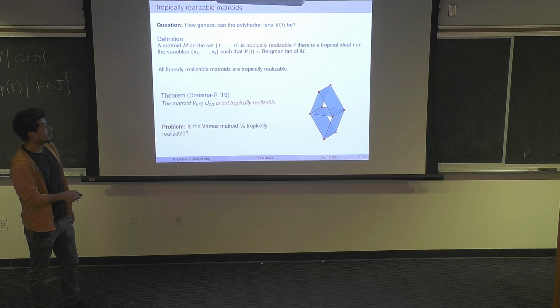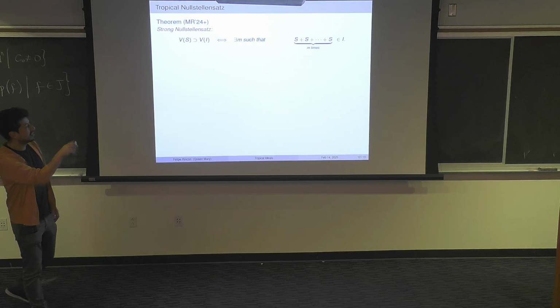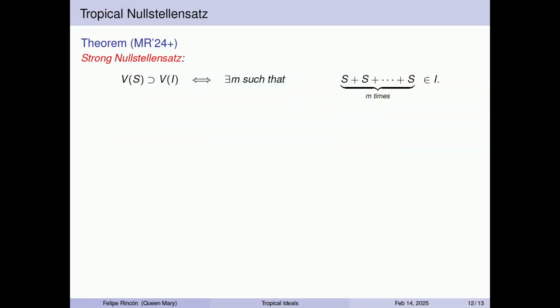Maybe just because of time reasons, there's also some more recent work that we've done regarding the Nullstellensatz. Maybe I won't go so much into detail about this, but the classical Nullstellensatz for an ideal tells you that if the variety of your ideal is contained in some hypersurface, in the variety of a single polynomial, then some power of that polynomial lies in the ideal, right, over an algebraically closed field.